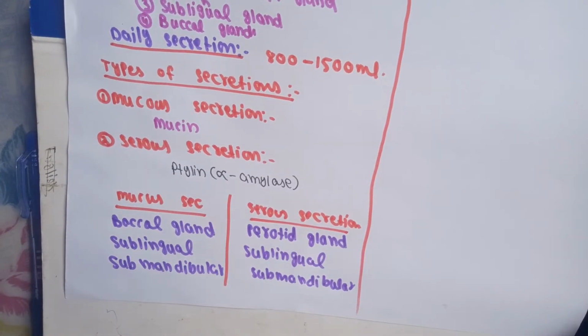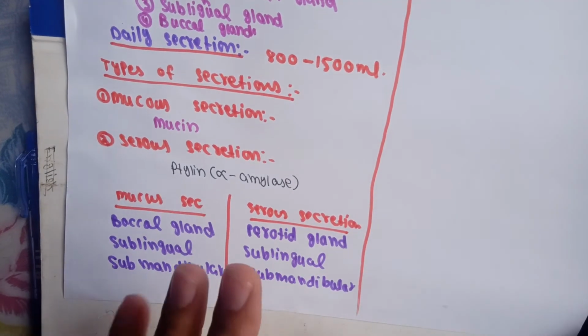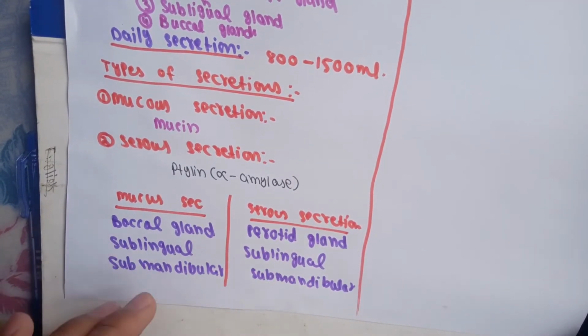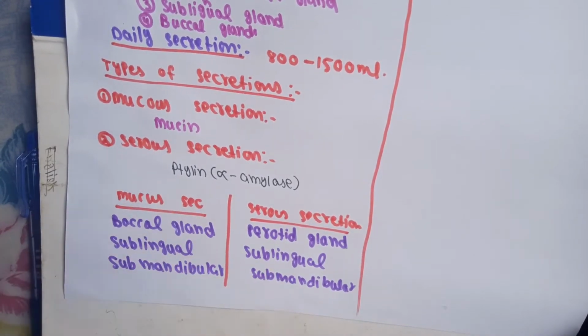The other 2 types of gland, submandibular gland and sublingual gland, have the ability to secrete both types of secretion. So mucus secretion is performed by the buccal gland, which only has the ability to secrete mucus, and the parotid gland only has serous secretion. The sublingual and submandibular glands secrete both types of secretion.